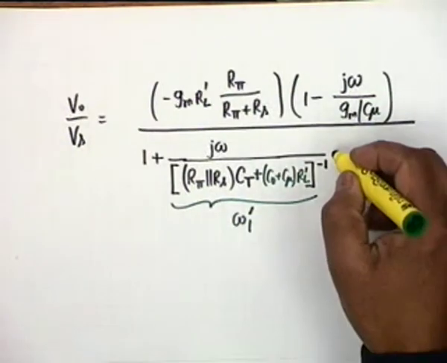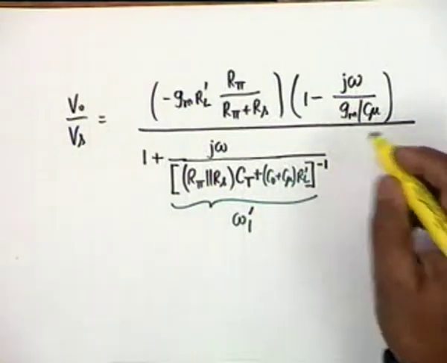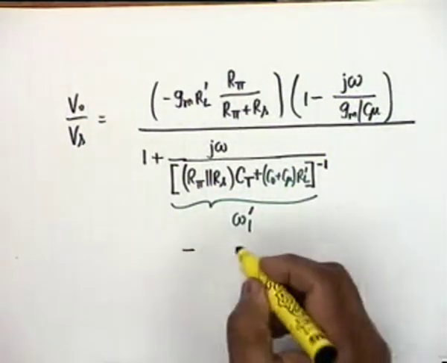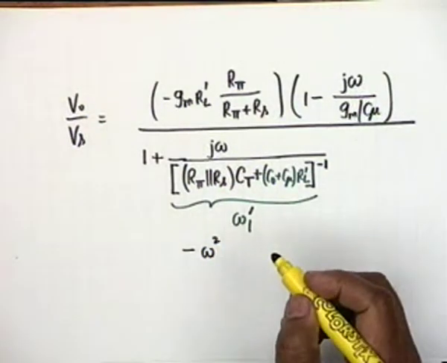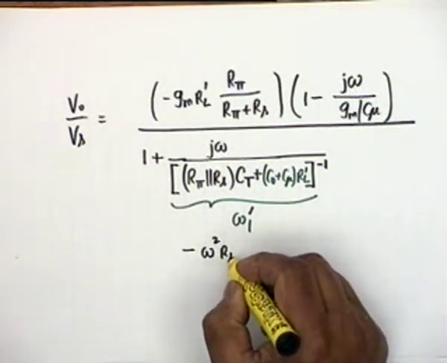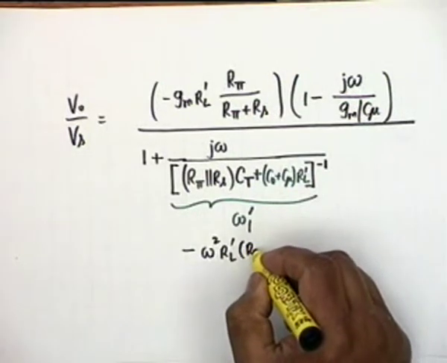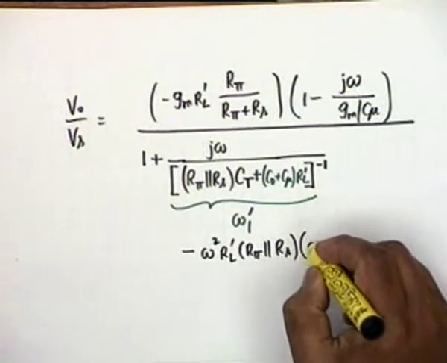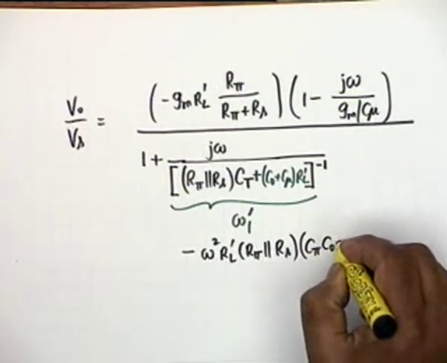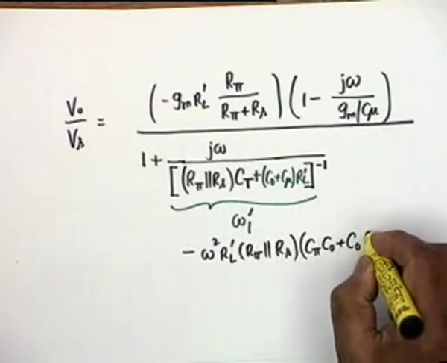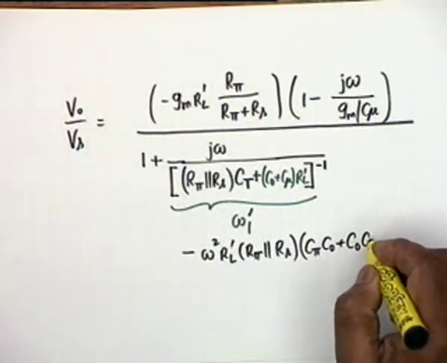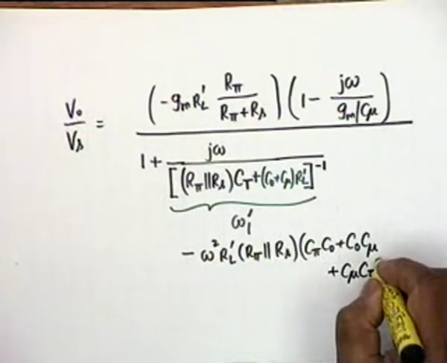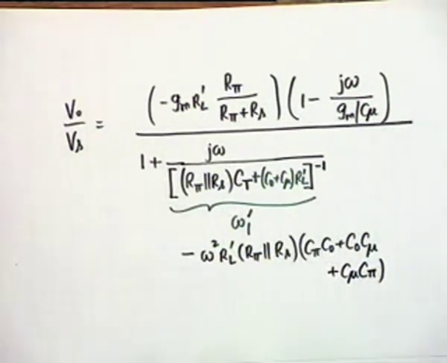And then you have an omega squared term, and this squared term is like this: minus omega squared, it is still in the denominator, RL prime (R pi parallel RS) multiplied by (C pi C0 plus C0 C mu plus C mu C pi). This is the expression.